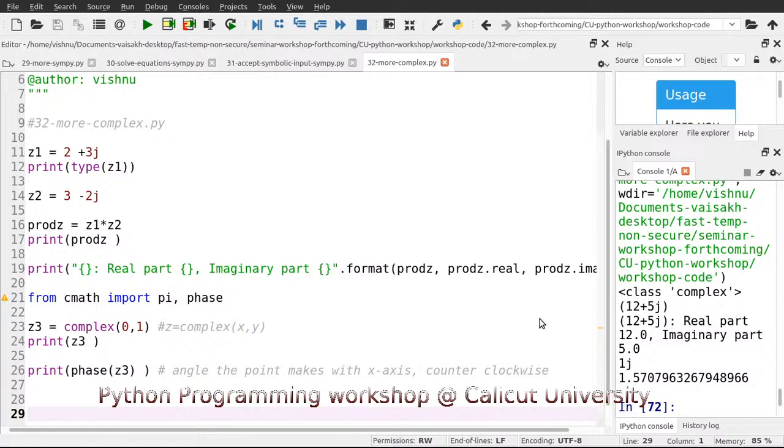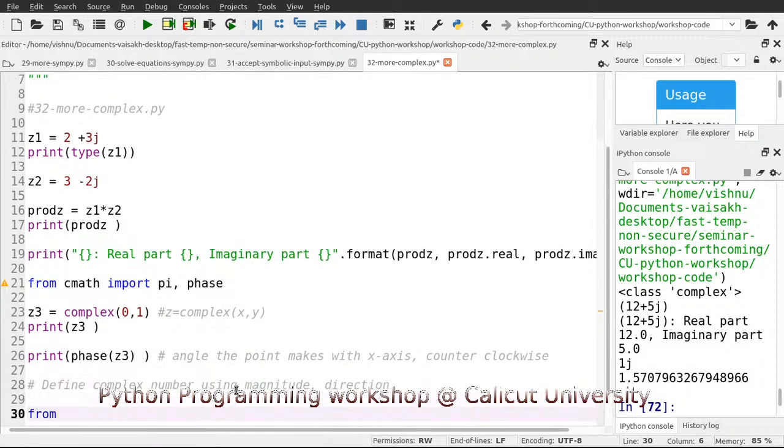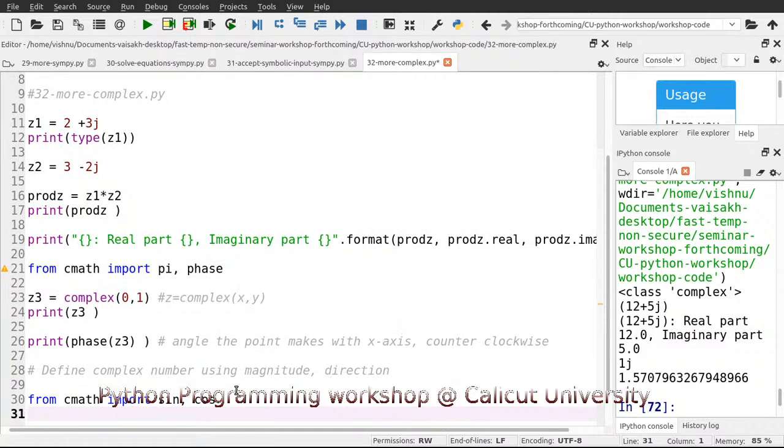So now, using phase also, you can define a complex number. You can define it using magnitude and direction also. So to define a complex number using direction and magnitude, just use sine and cos, and we know that this is r cos theta and r sin theta.